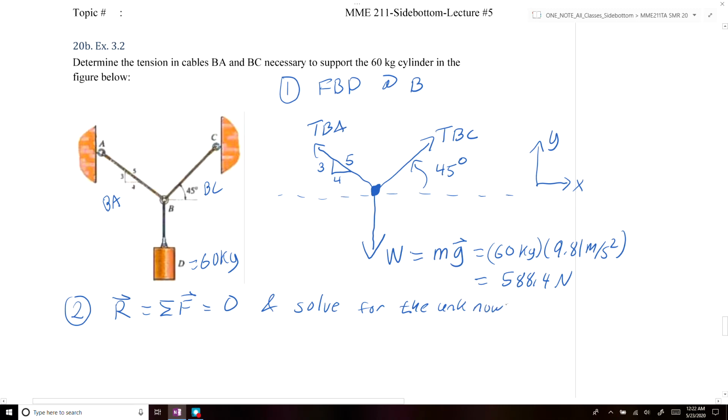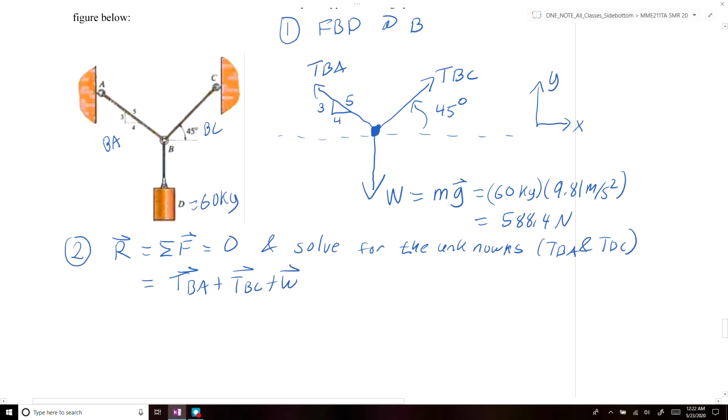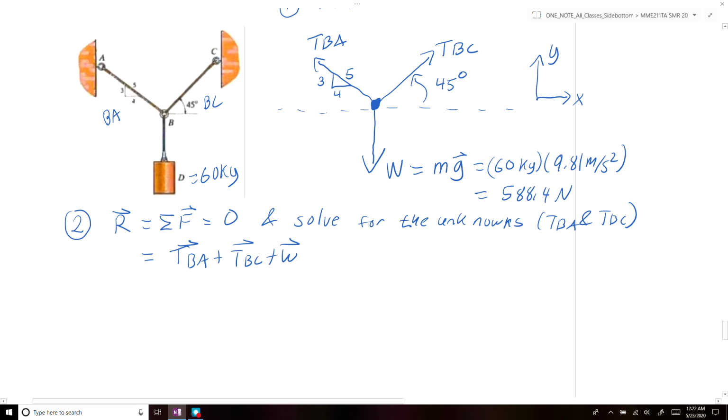In this case, our unknowns are TBA and TBC. The sum of all of our forces is equal to TBA plus TBC plus our weight. We're going to define each as a Cartesian vector. We'll start with TBA.